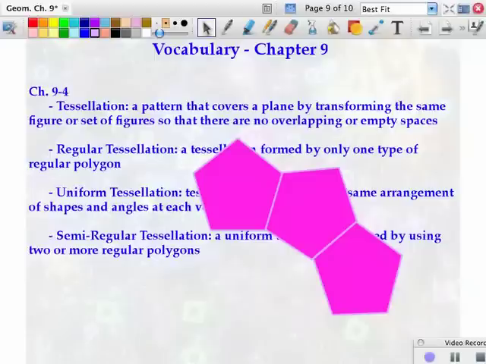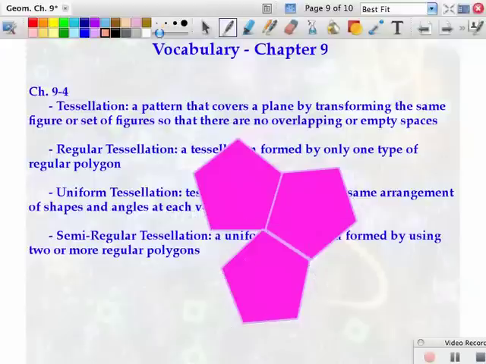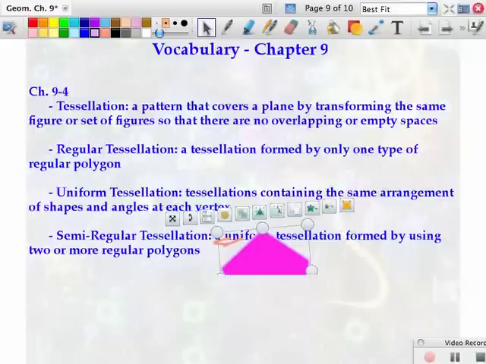Now, what happens with a pentagon is we can't use just a pentagon to fit an entire plane, because if you try to put this figure right here, you cannot fit a pentagon in here. So that's where these other names come in. One of them being a regular tessellation. Well, that would be if just one polygon that is regular.